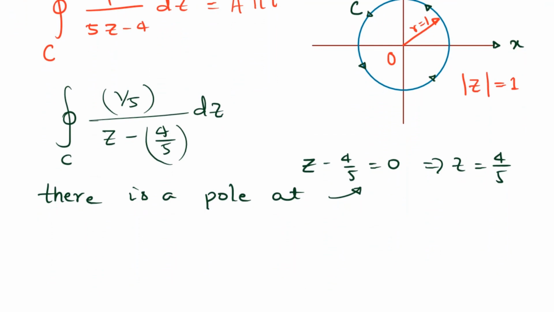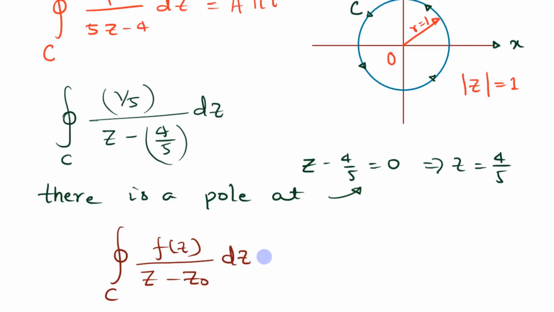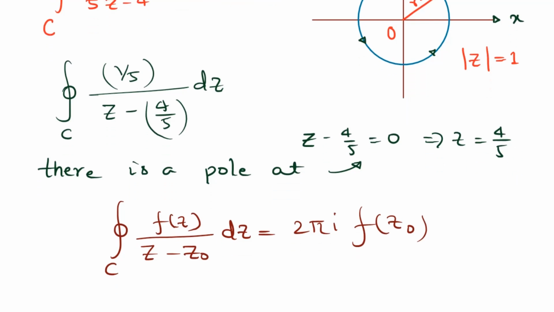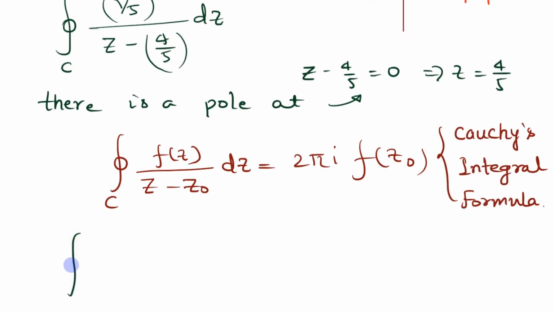Now, according to Cauchy's integral theorem, we can write the closed integral on loop C of f of z divided by z minus z naught into dz should be equal to 2 pi i f of z naught. And here we see that the z naught value is 4 by 5, right? So this integral is the closed integral on loop C of 1 by 5 upon z minus 4 by 5 dz.